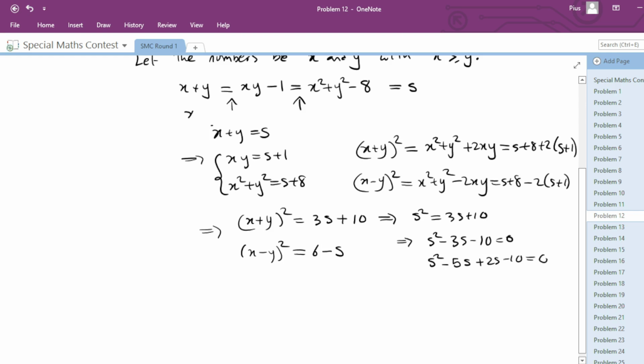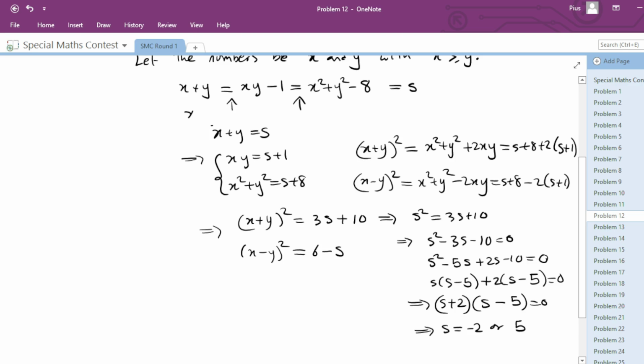So we can figure this out, and then we have s into s minus 5 and 2 into s minus 5. So this means that s plus 2 and s minus 5 is 0. So s is either minus 2 or 5.